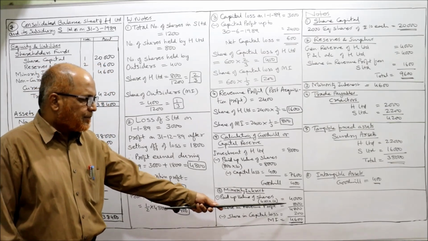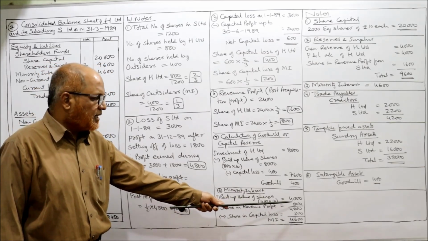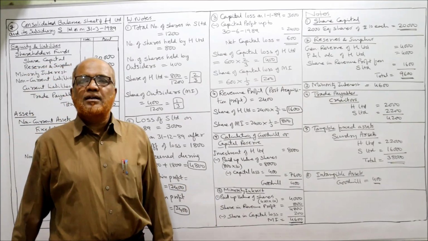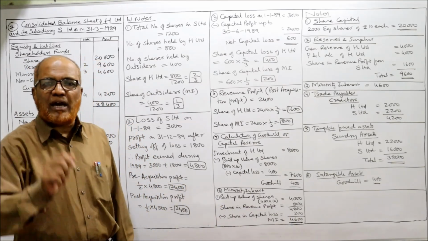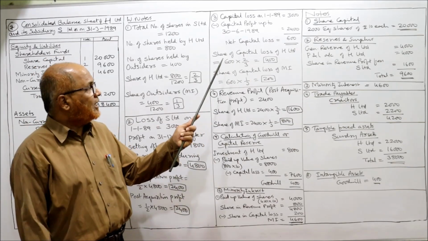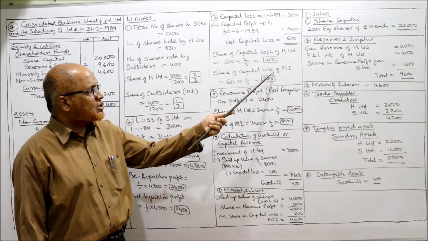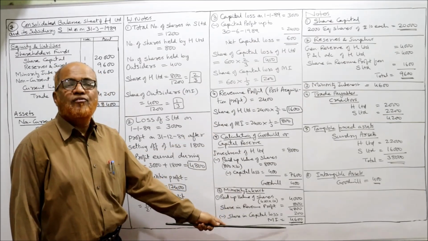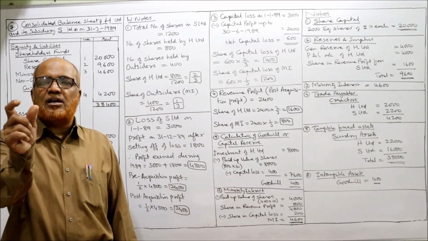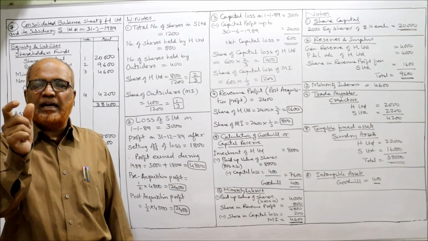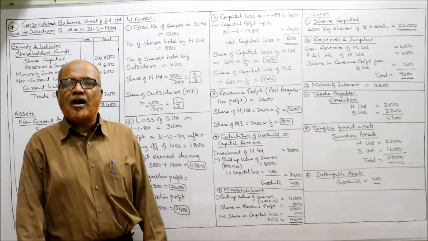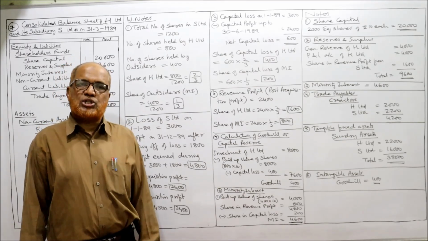Add up 800. So 4,000 plus 800, 4,800. From this we subtract share of capital loss of minority interest. Here it is, 200. So deduct 200 rupees, 4,600. This is the minority interest, and it will be taken on the liability side of the consolidated balance sheet.